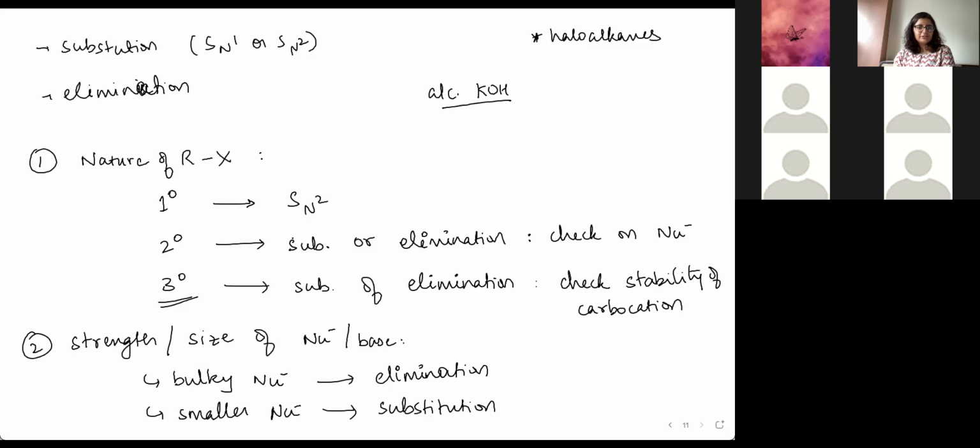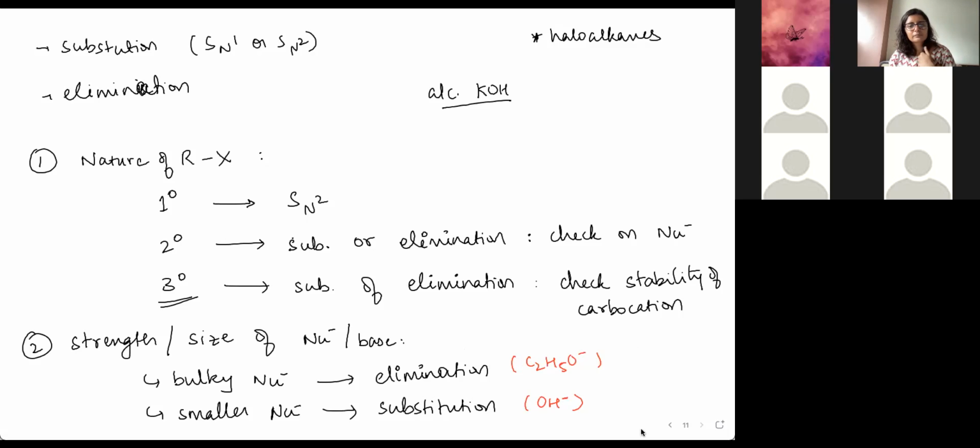Like we just saw, with alcoholic KOH, you have C2H5O minus, which is big, with oxygen you have a whole alkyl group attached. But if you have OH minus in the solution, a smaller nucleophile prefers substitution. That's the easier reaction to take place. So we'll go that route. And apart from this, you can look at the reaction conditions: whether the solvent is ionic, polar or non-polar, what the temperature and pressure are. Based on that, you can figure it out.